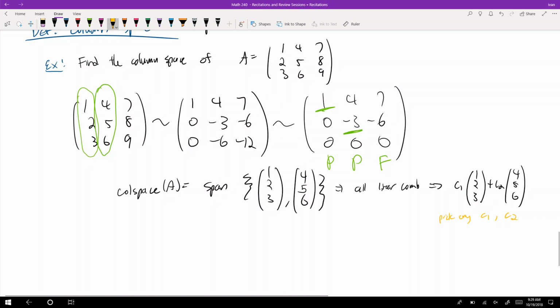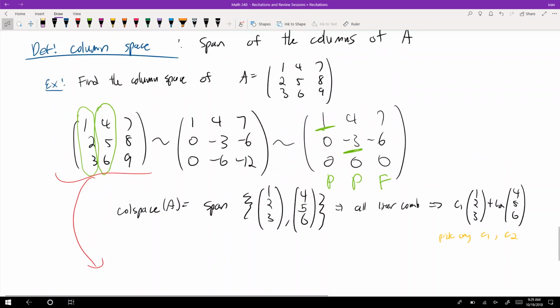And we can kind of see it. If you take our original matrix, let's say I call this first column V1, the second column V2, and this third column V3.